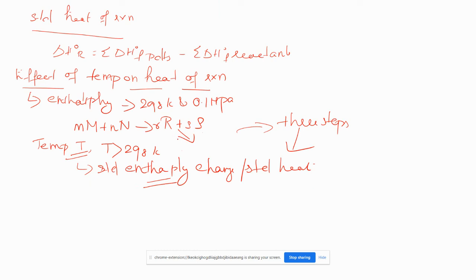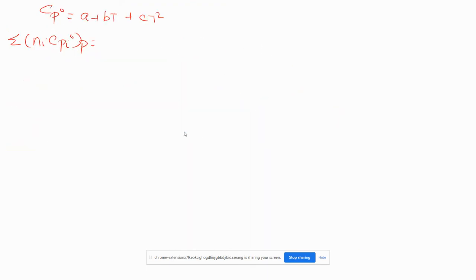Ni is the number of moles. I will write the equation here for our reference: for the reaction mM plus nN gives rR plus sS. So sigma Ni Cpi of P.